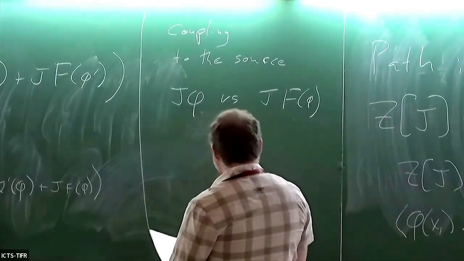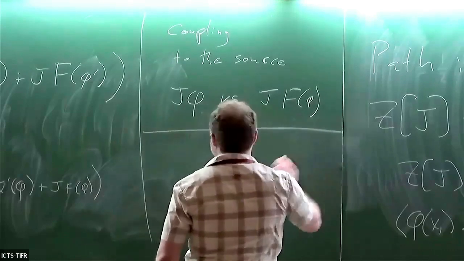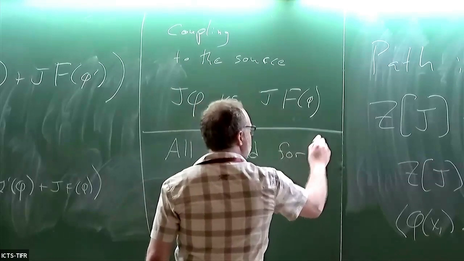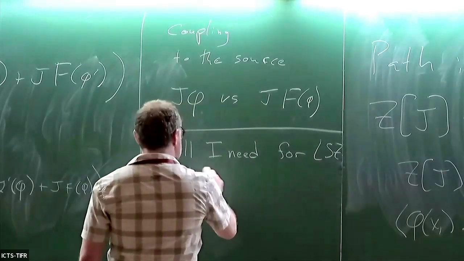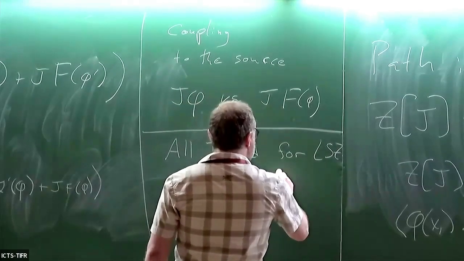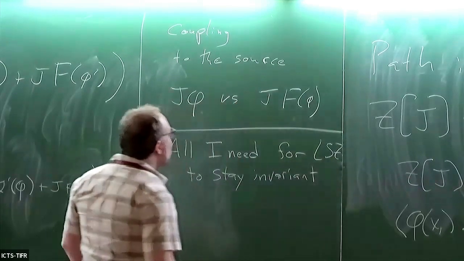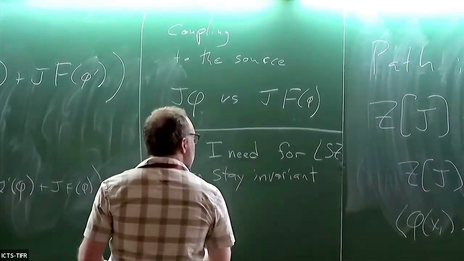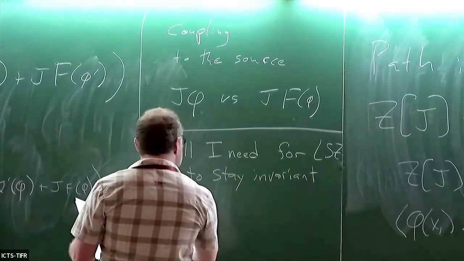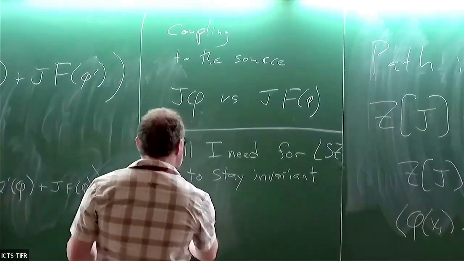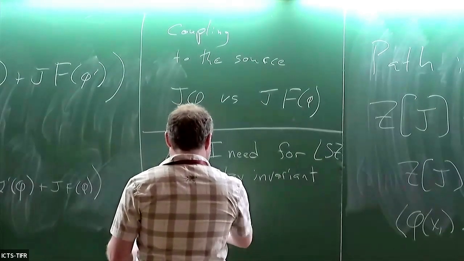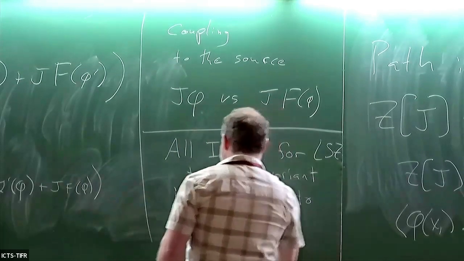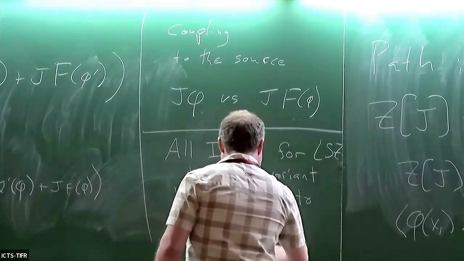So the claim is that all the S matrix needs is that my field redefinition, going from phi to f of phi, doesn't change the interpolating formula. So all I need for LSZ to stay invariant is the new field to be an interpolating field.